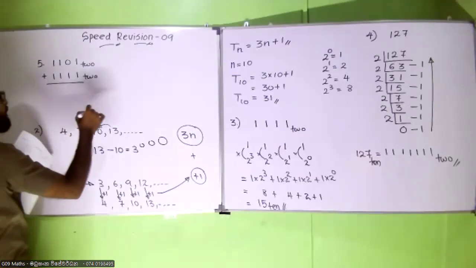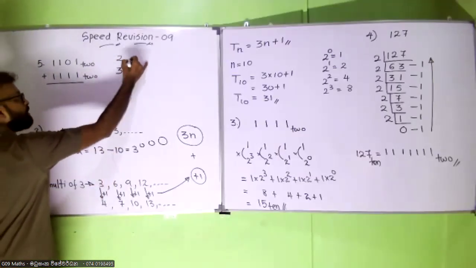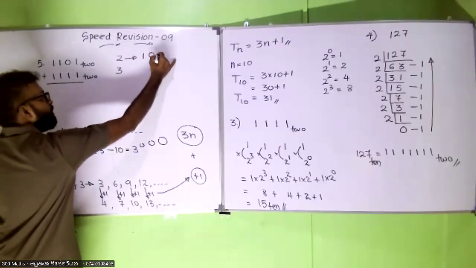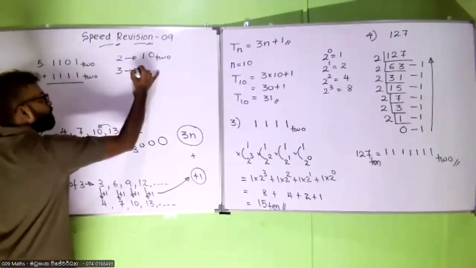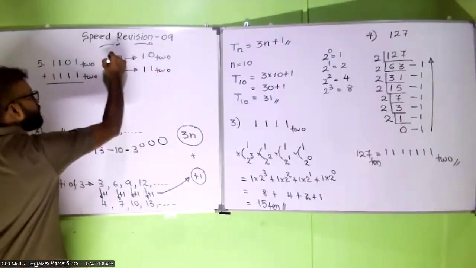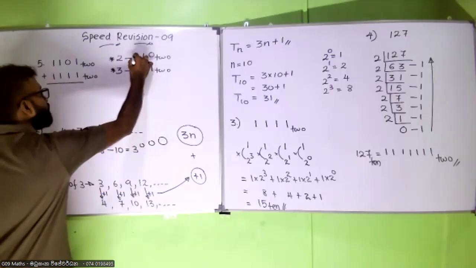I told you when you are adding, you have to represent number 2 and number 3 most of the times. Number 2 can be represented by 1, 0 base 2. Number 3 can be represented in binary numbers by 1, 1 base 2. So you need to remember these two very well if you are adding binary numbers.